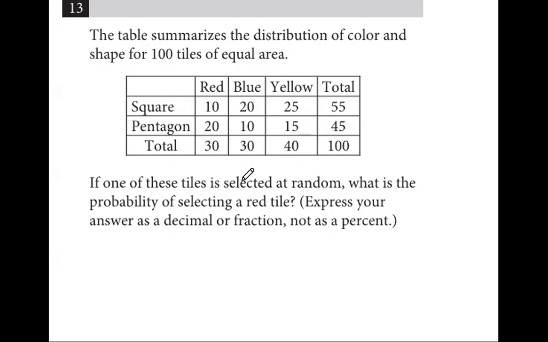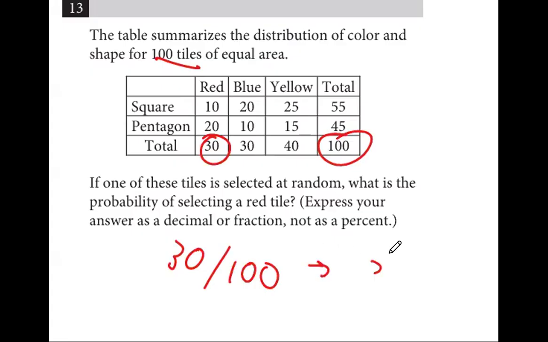If one of these is selected at random, what is the probability of selecting the red tile? So we have red, 30 over the total, which is 100. So 30 over 100, which simplifies into 3/10, or you could have also entered it as a decimal, which would be 0.3.